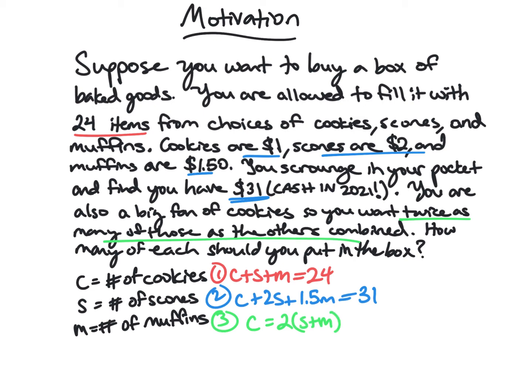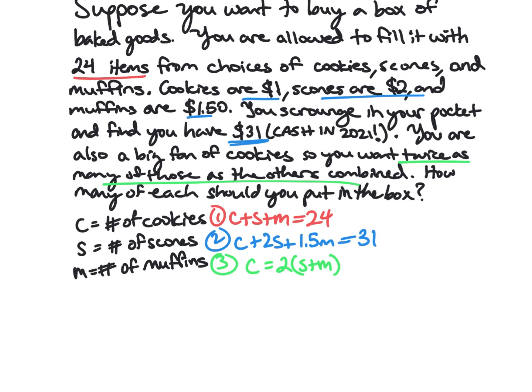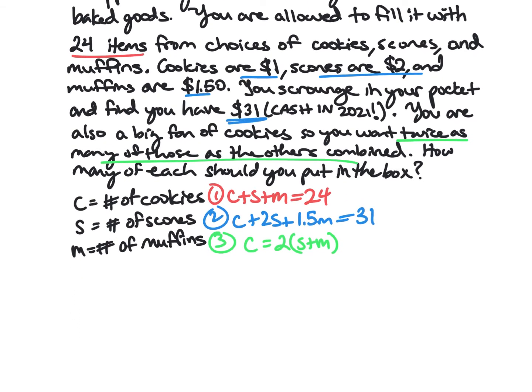Okay? So then the question is, how do we solve this, right? How do we actually find what C, S, and M are that satisfy all 3 equations simultaneously? So there are a lot of different ways to do this. One that jumps out at me right away is I see C and S plus M, I can substitute, right?